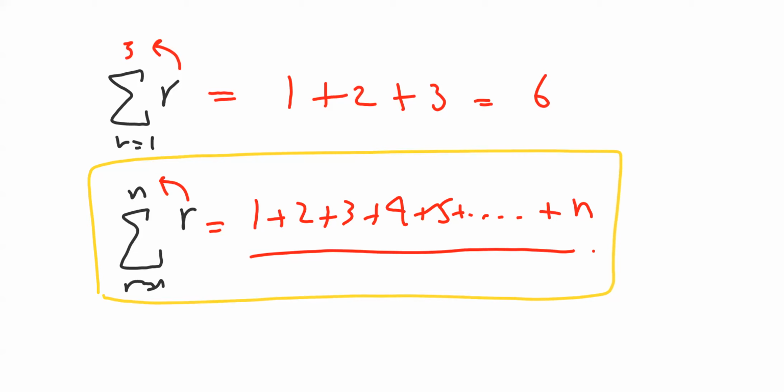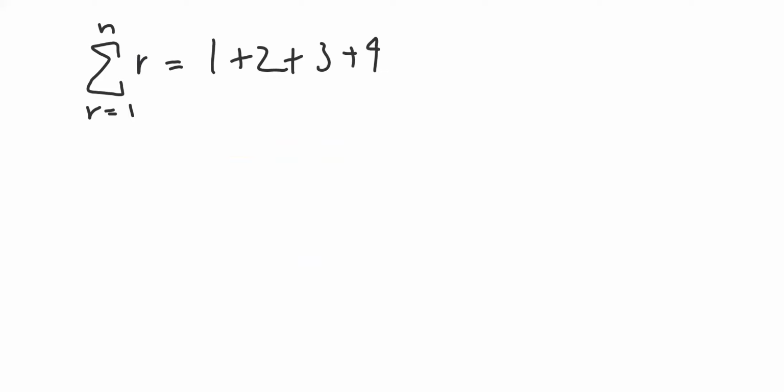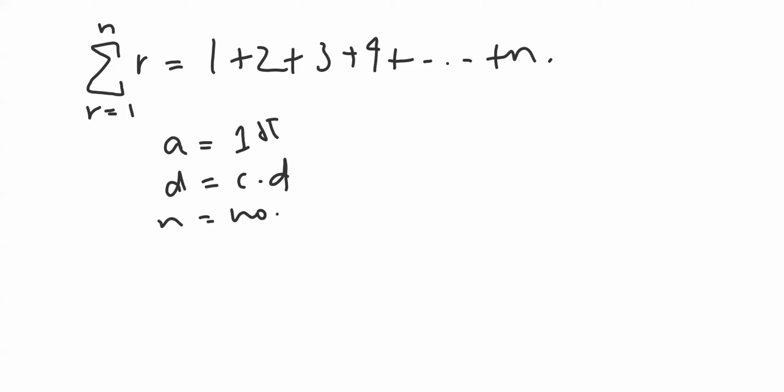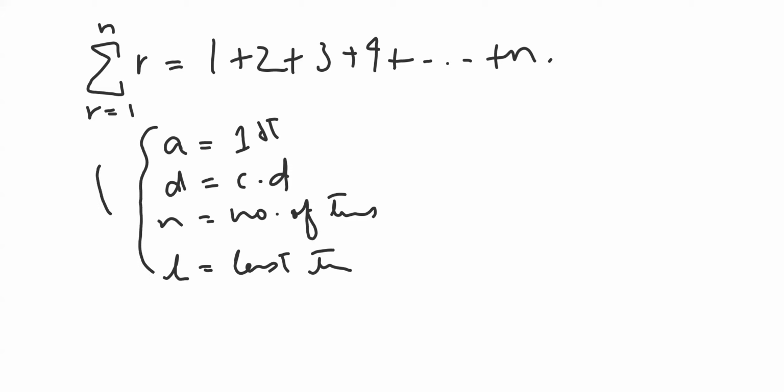Now how is that related to this is, for example जो हमारा formula है, that is summation of r, r equals 1 to n, right? अब we know that it is equal to 1 plus 2 plus 3 plus 4 till n. ठीक है, ये n पे जाके स्टॉप होगा. अब अरिथमेटिक सीरीज में क्या होता है, हमारे पास a होती है हमारी फर्स्ट टर्म, हमारे पास d आता है हमारा कॉमन डिफरेंस, we have n as number of terms, and then we have our l as last term, right? ये चीज़ें हम लोगों ने पहले देखी है कि हमारे पास अरिथमेटिक सीरीज में ये कैसे आती है.